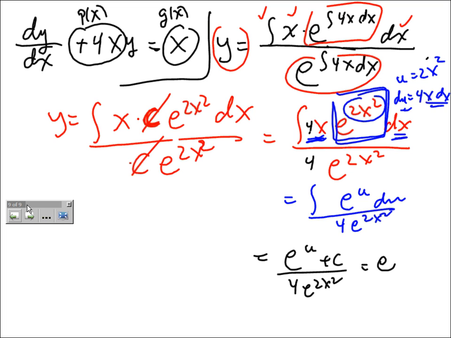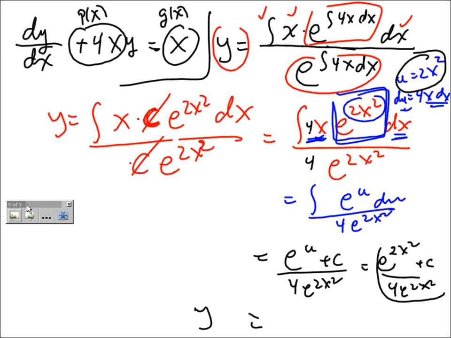But u, as it clearly says, no random guessing, is 2x squared, plus c over 4e to the 2x squared. And now I'm ready to write down the answer. This fraction is just 1/4 plus c over 4e to the 2x squared.